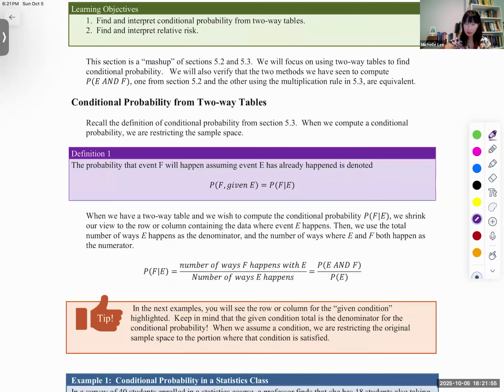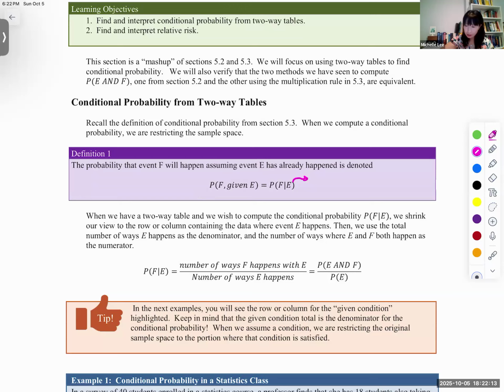So what is the probability of F given E? I'm reading this one. That means we denote it with a vertical line. Let me write this down.